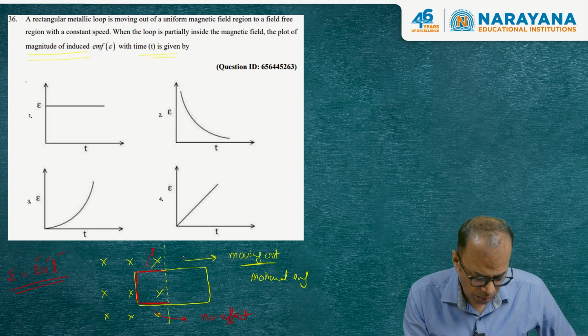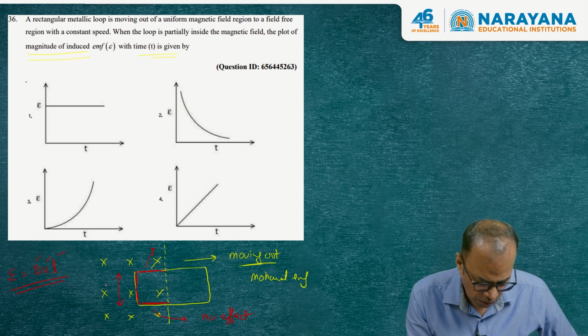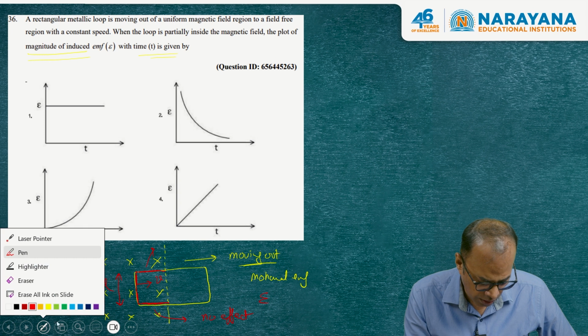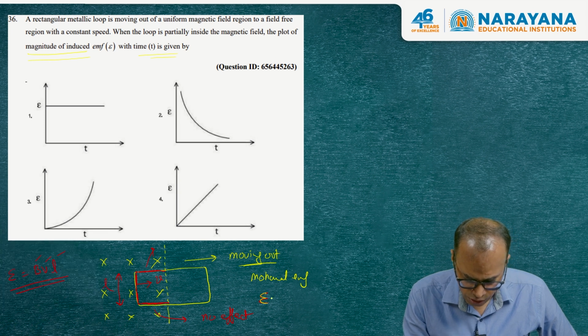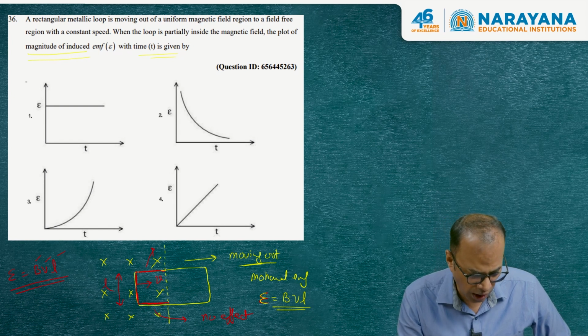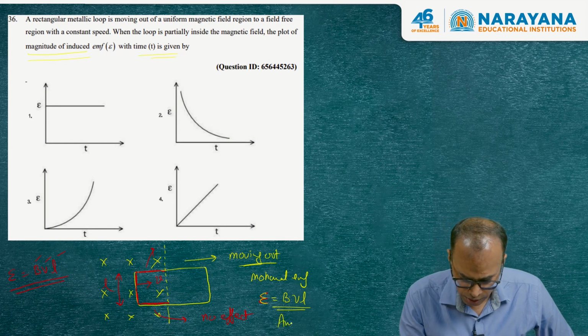So for the top and the bottom part, velocity and length are parallel. So only this one has all three perpendicular to each other. So the EMF will be BVL, and clearly it does not vary with time. So the answer is option 1.